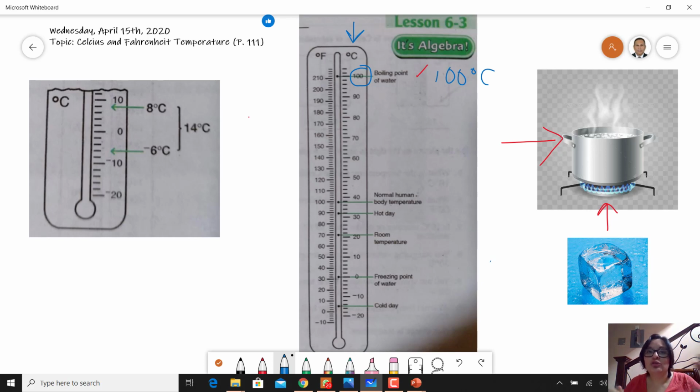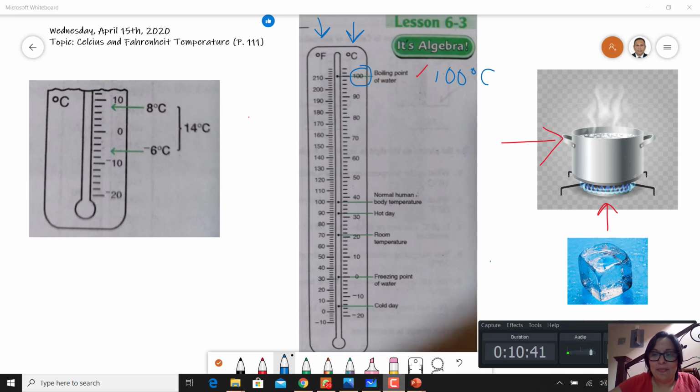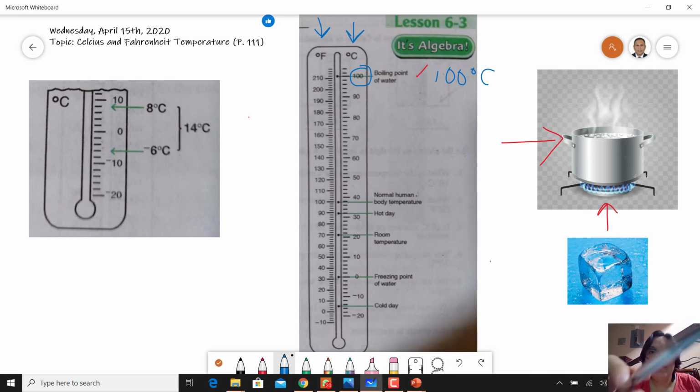But let's go to Fahrenheit degrees. In Fahrenheit degrees, at what Fahrenheit degrees does the water start to boil, or what is the boiling point of water, but in Fahrenheit degrees?